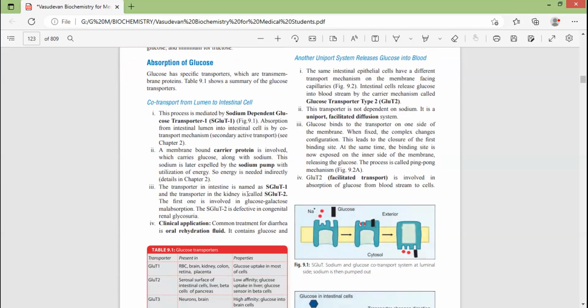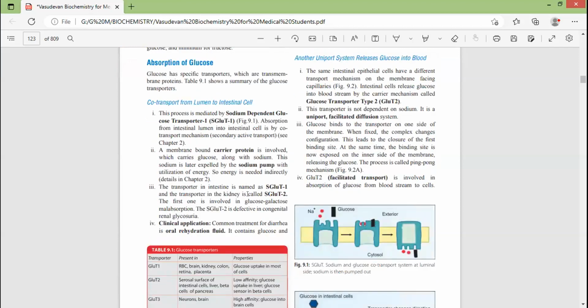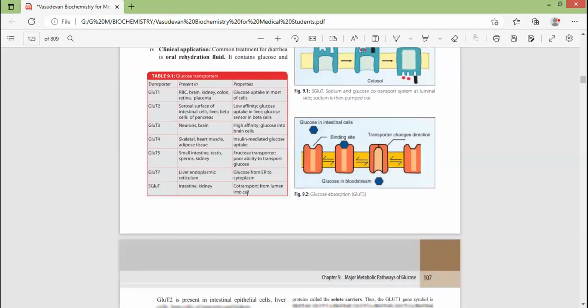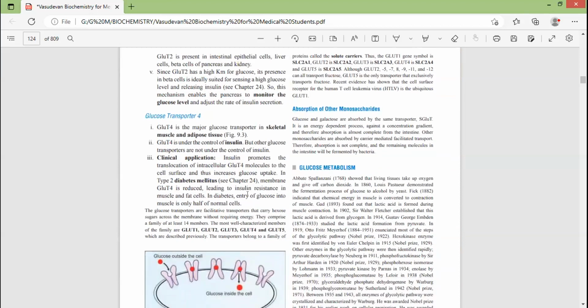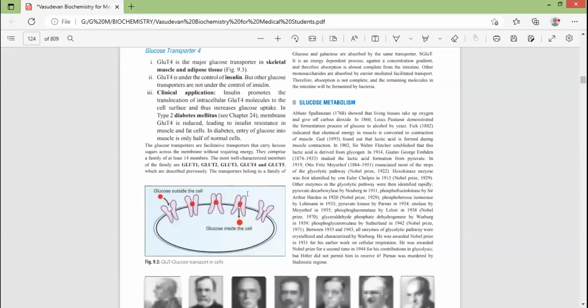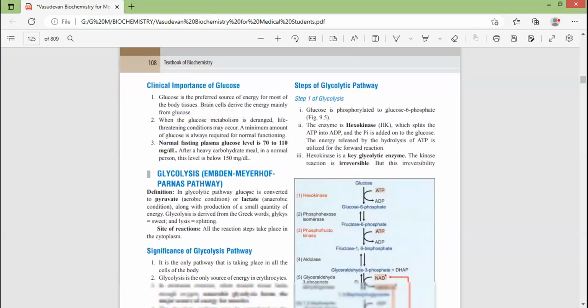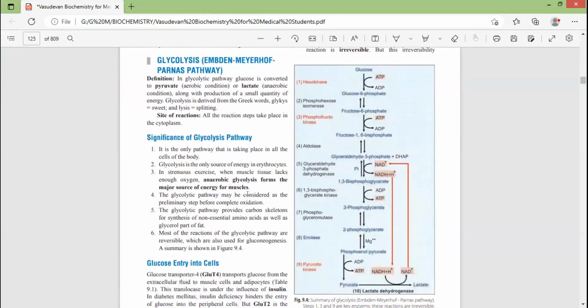Once glucose is absorbed from our intestines, it will go to the cells, through the action of insulin. Once it enters a cell, that is where glycolysis starts.